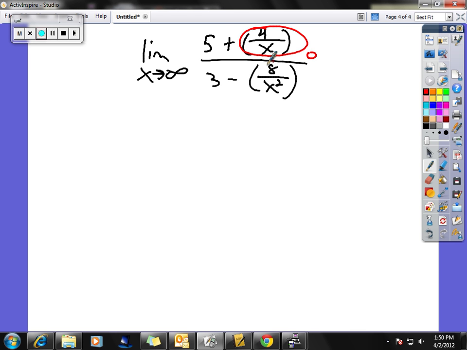What about this? What's 8 over x squared going to do as x goes to infinity? That's going to be 0 also. So those just cancel out. Then you have 5/3. When dealing with fractions inside of fractions, deal with each small fraction by itself first, and then take it from there.